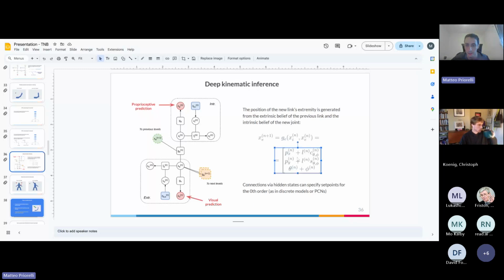The generative model of a specific level takes the position of the previous limb and computes, by forward kinematics of that level only, the position of the successive limb. Since it's a hierarchical model, it performs these computations iteratively, and we need to track the absolute orientations of each degree of freedom.